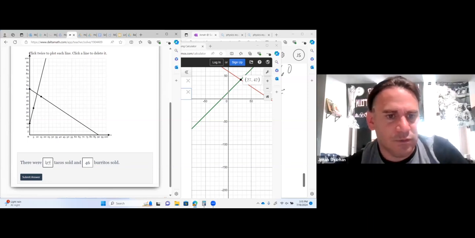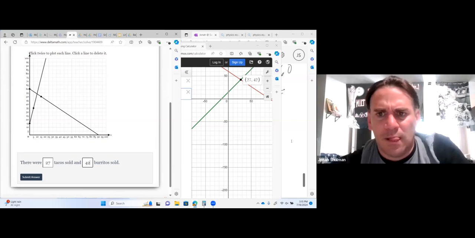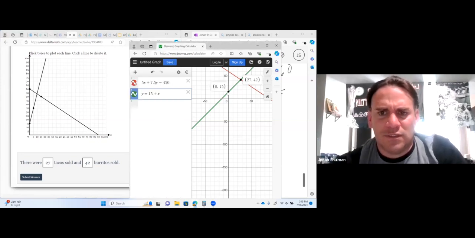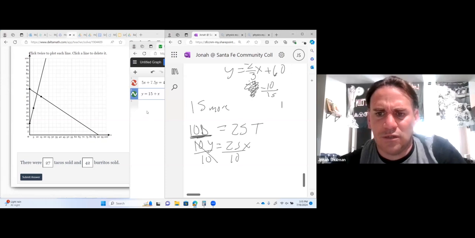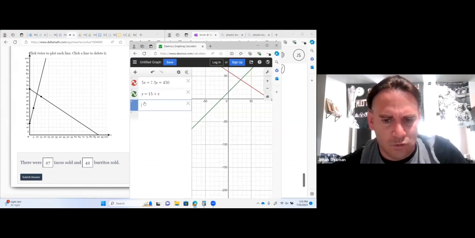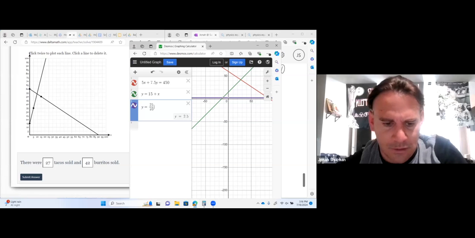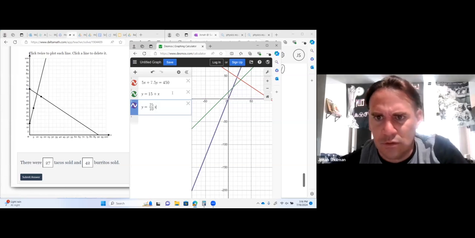Let's just look at it and see where I messed up. We know it should be 27, 42. 0, 15 sounds like the start. What was the other one we had? We had y equals 25 over 10 x. This is what I thought it was, but that's not a whole number.